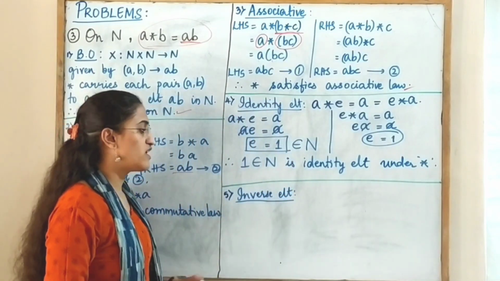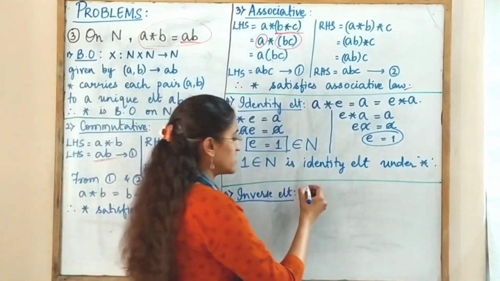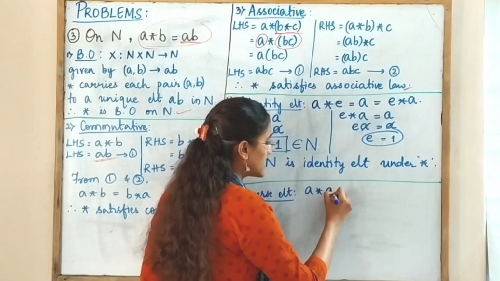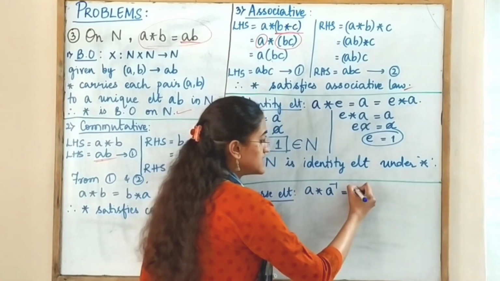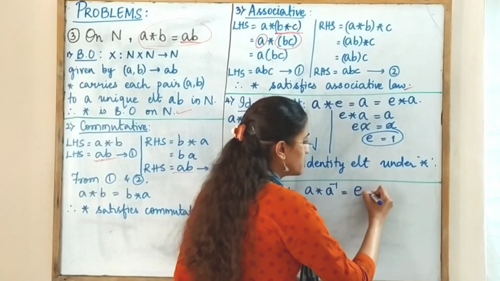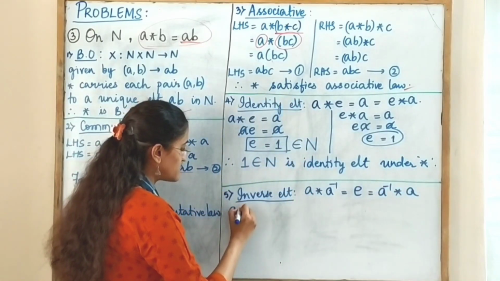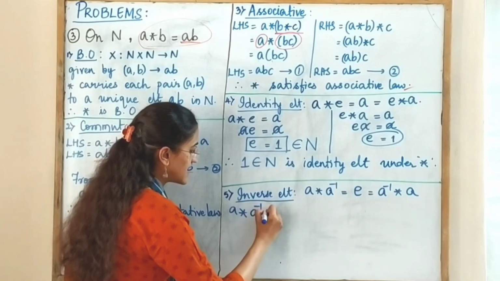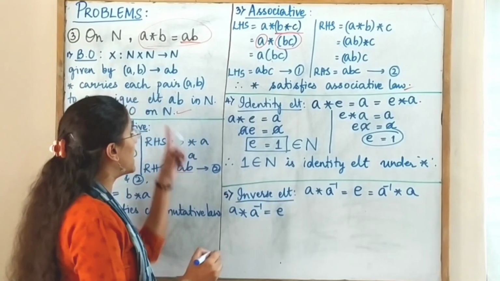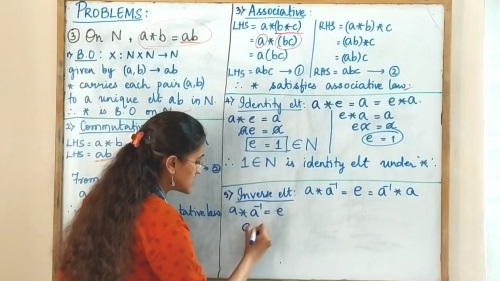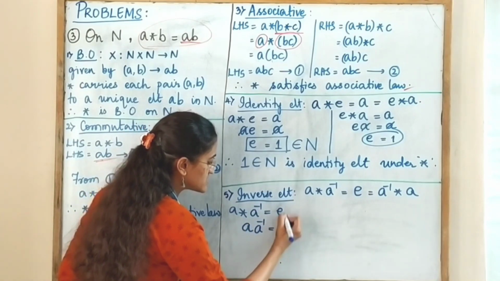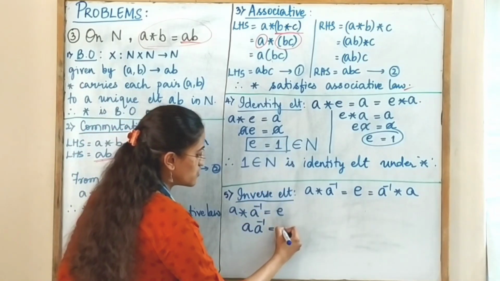Now, we shall move to the inverse element. According to the condition, we have A star A inverse should get back the identity element. The second part is A inverse star A. Now, let us take the first part of the equation, that is A star A inverse is equal to E. According to the operation, we can write it as A into A inverse, which is equal to E, and E is nothing but 1.